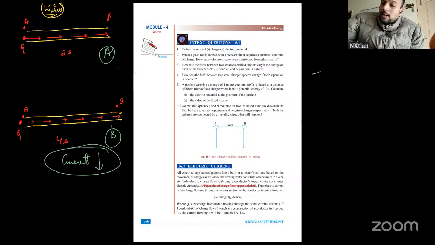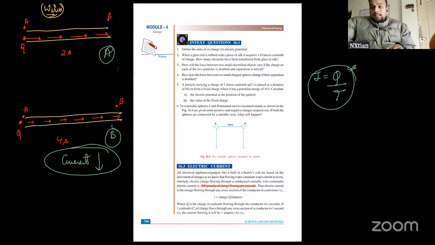Why? Because I, which is current, is equal to Q by T. I is represented by Q by T, meaning charge per unit time. If it takes more time, then the current will be less. If it has less time, then the current will be more.